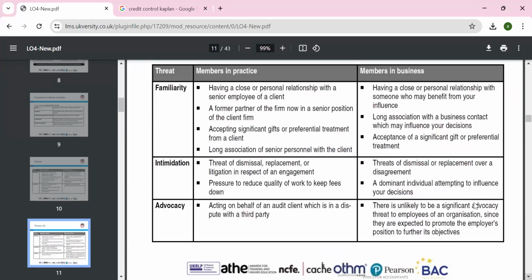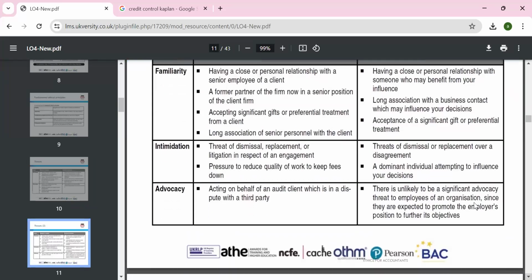Intimidation, of course: threats of dismissal, replacement, losing a contract. Ultimately, again, integrity and objectivity can be compromised. There is also advocacy: the threat to employees and organizations is that they are expected to promote the employer's position, so your promotion will depend on it.